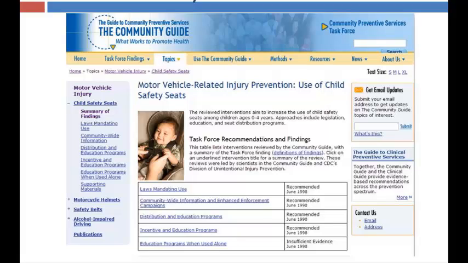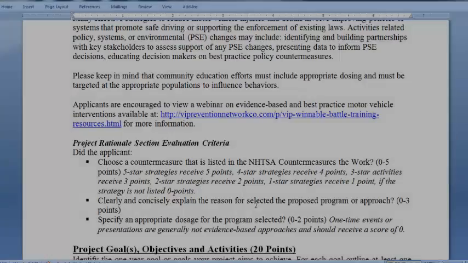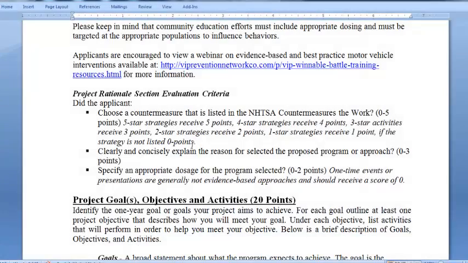Okay. So I think the important thing here is to really justify and show that we have an evidence base for this program and that we're able to move forward. I also saw in the evaluation criteria that whatever we pick, even if we use a different evidence-based listing, it has to tie to the NHTSA Countermeasures That Work, because 5 points of this section, so half of this section, is going to be scored related to the number of star strategies.